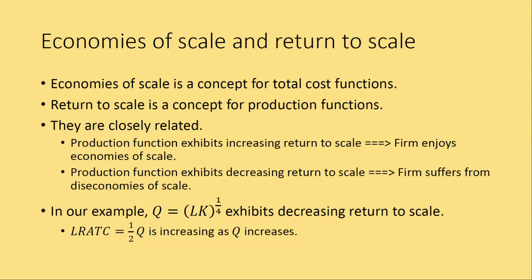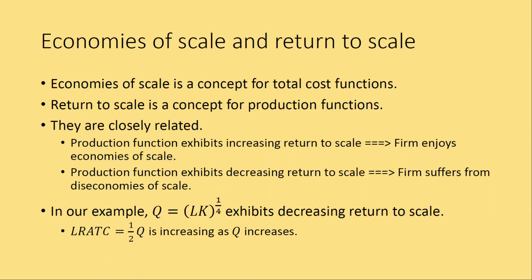So whenever the production function exhibits increasing return to scale, the firm will enjoy economies of scale. And basically this means that when the scale of the firm becomes larger, it is more cost efficient. And we did an example in the last chapter showing that when we have a single large firm versus 4 small firms, which one is more cost efficient depends on the return to scale of the production function.